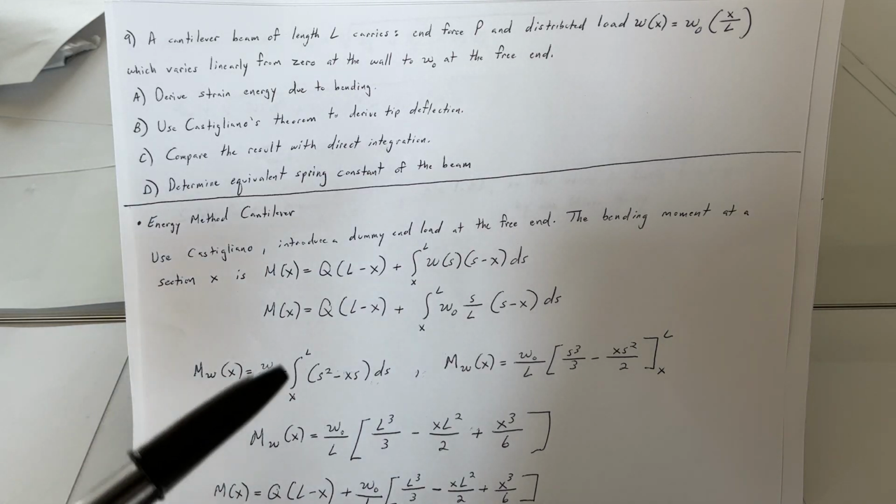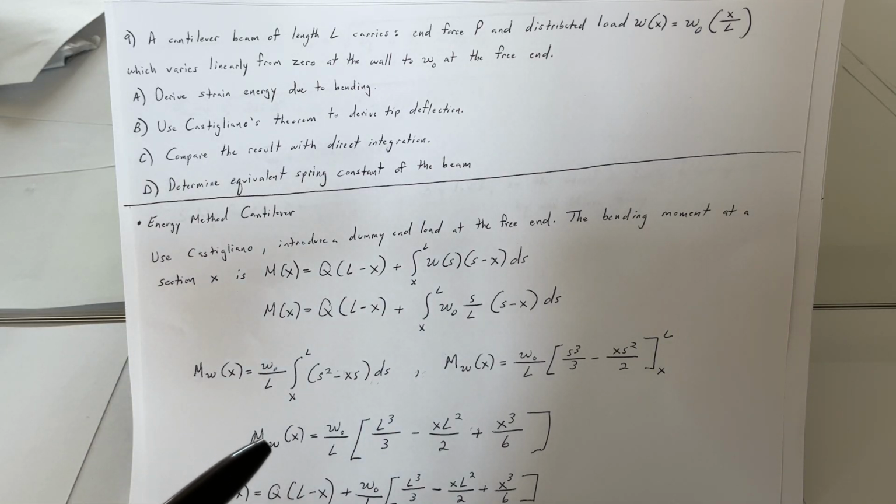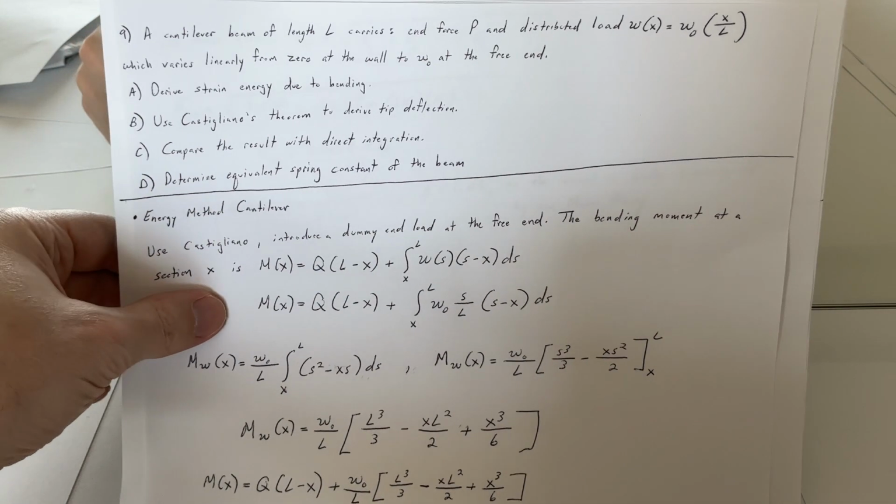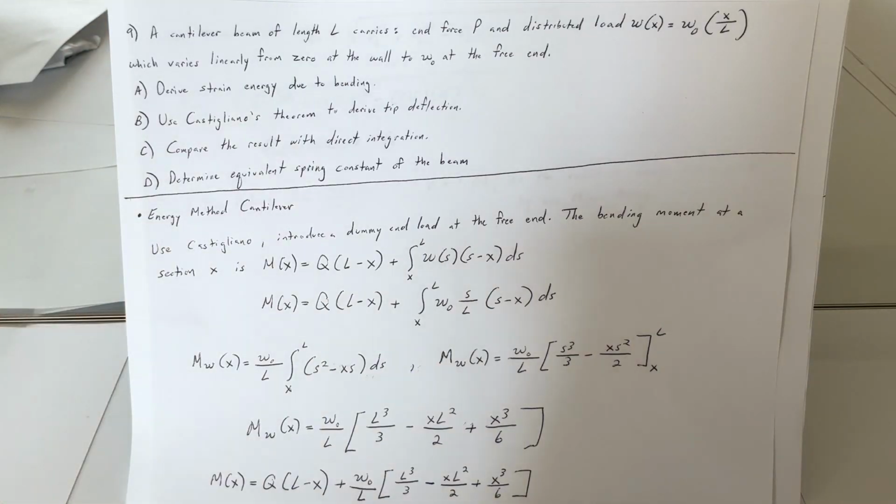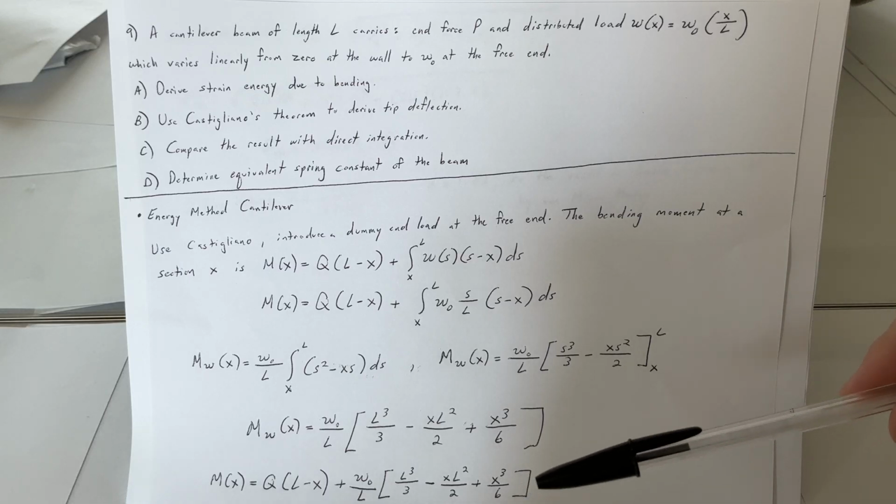After integrating and substituting, M sub w of x equals w naught over L times (L cubed over 3 minus x L squared over 2 plus x cubed over 6). So we wind up with M of x equals Q times (L minus x) plus w naught over L times [L cubed over 3 minus x L squared over 2 plus x cubed over 6].